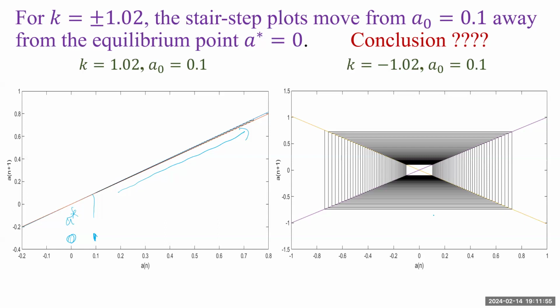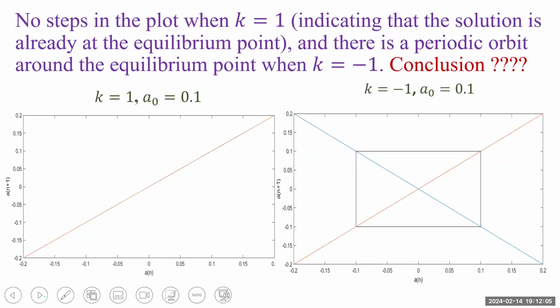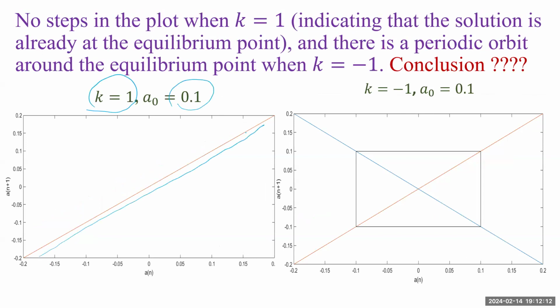Similarly here, it is also going away from 0, so that is unstable. And here, when k is equal to 1 and a naught is equal to 0.1, both coincide, so we can conclude that it is stable. See here, when k is equal to minus 1, there is one periodic cycle, so we can conclude that it is stable.